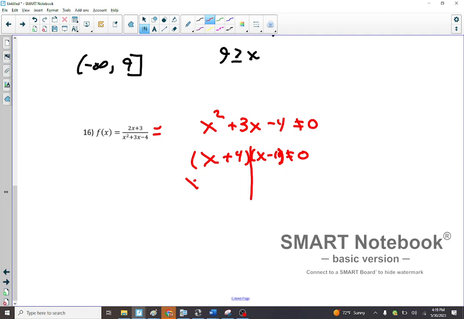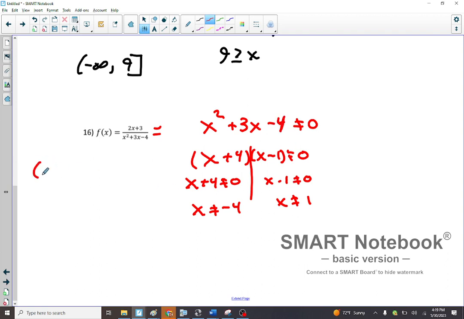So you get x plus 4 does not equal 0, and x minus 1 does not equal 0. The math is all the same. x cannot equal 1, and x cannot equal negative 4.